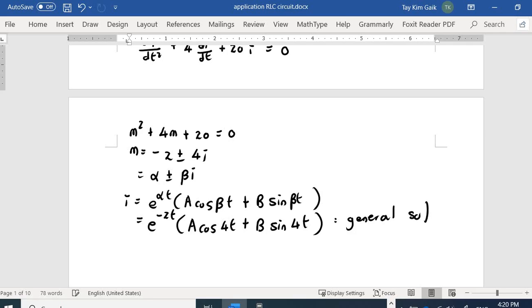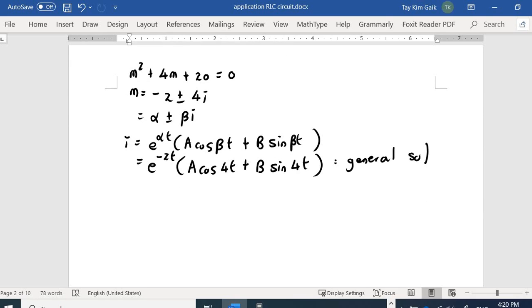So you notice for second order you have two integral constants. For first order differential equation we have one integral constant. Now we plug in the initial condition in order to get your particular solution. At t = 0, I equal to 0.